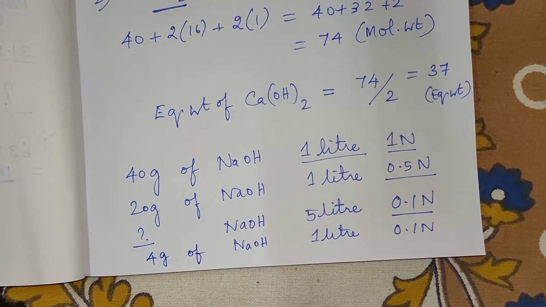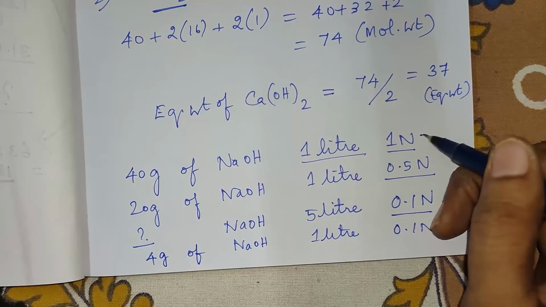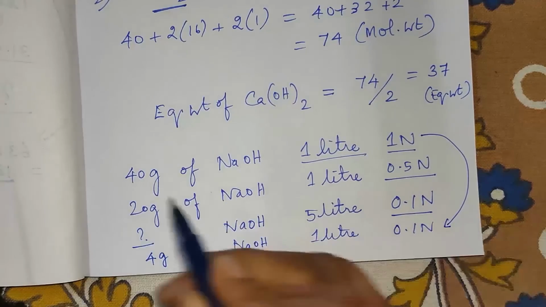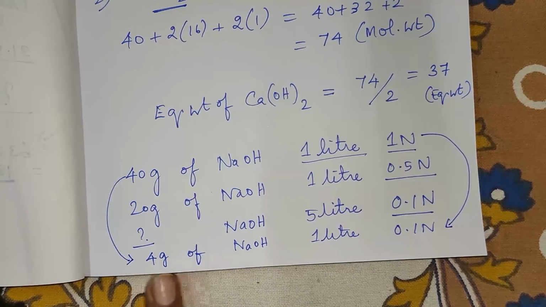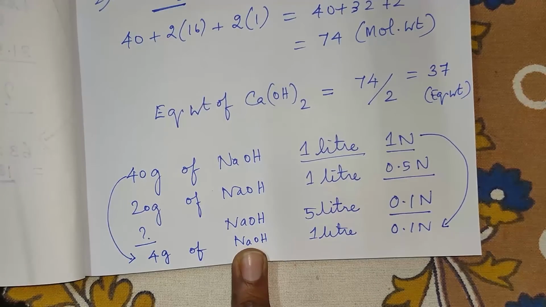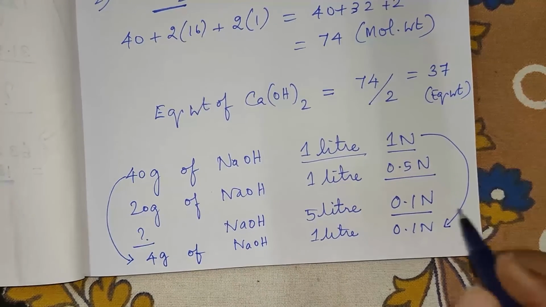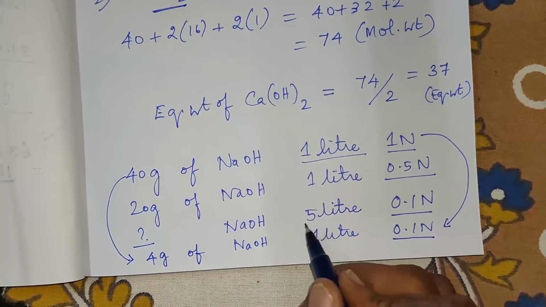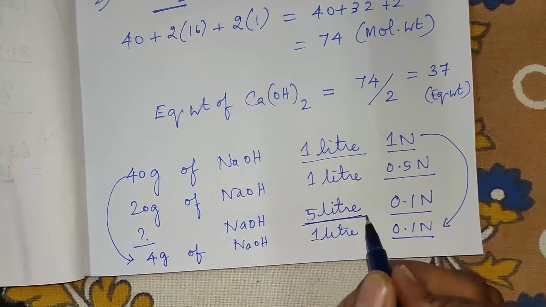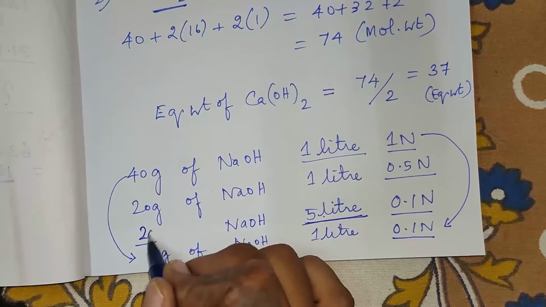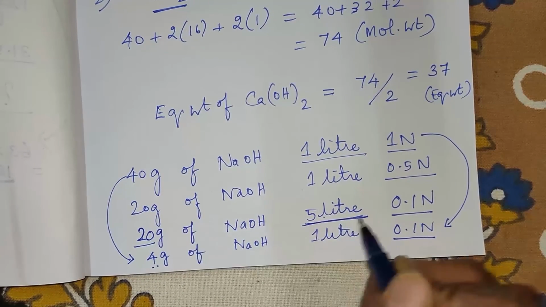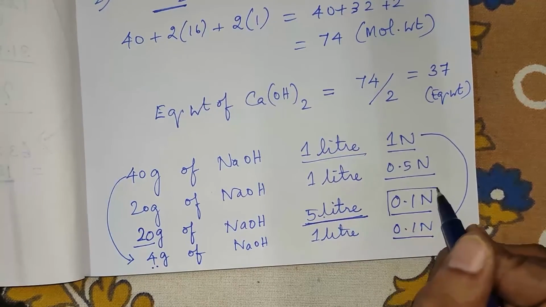Remember that, because the concentration decreases 10 times, the weight also should decrease 10 times. So 4 grams of NaOH dissolved in 1 liter will give you a 0.1 normal solution. Now I want 5 liters, so multiply these two. So 4 into 5, 20 grams of NaOH dissolved in 5 liters will give you a 0.1 normal solution.